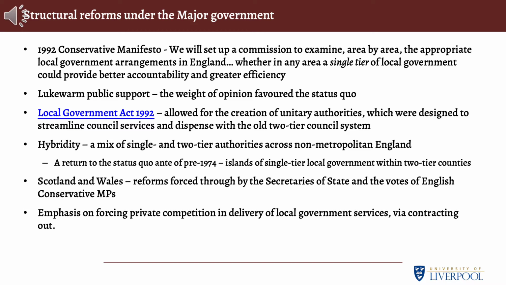In more evidence of the tension between efficiency and local government representation, we can look to Scotland and Wales, where, like I said before, these reforms for unitary authorities were forced through. And what this led to was far fewer councillors per person in Scotland and in Wales. And then also Great Britain as a whole has on average the fewest councillors per person in Western Europe.